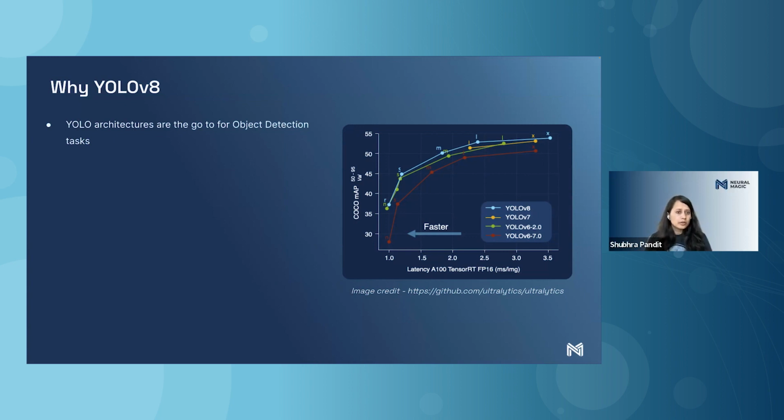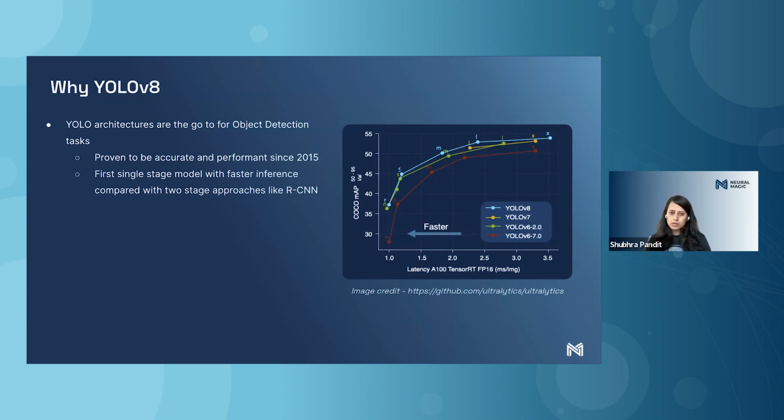Well, as many of you might already know, YOLO models are state-of-the-art for object detection, and they are the go-to models. The newer versions, including YOLOv8, are built on top of their original model from 2015 and have proven to be accurate and performant since then, with each version getting better than the previous one in some way or the other.